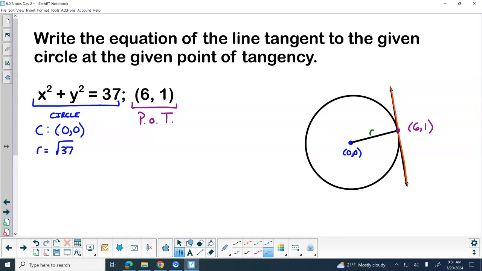Okay? So I want it in y equals mx plus b form, right? So I need to find, you said the slope, okay? How am I going to find the slope?